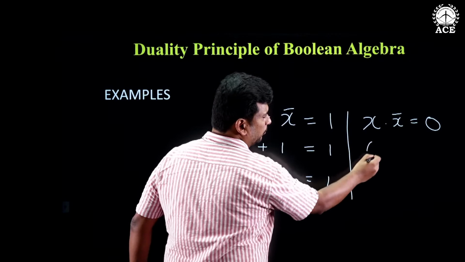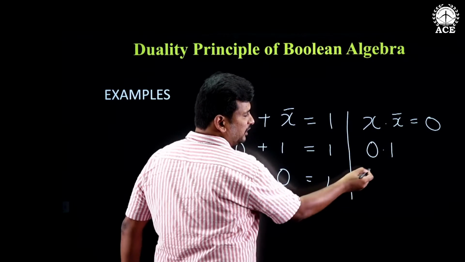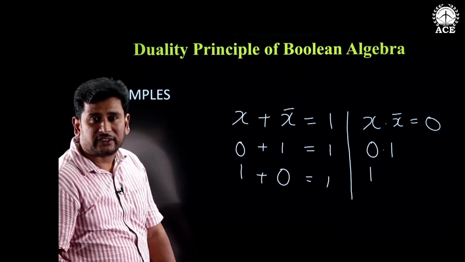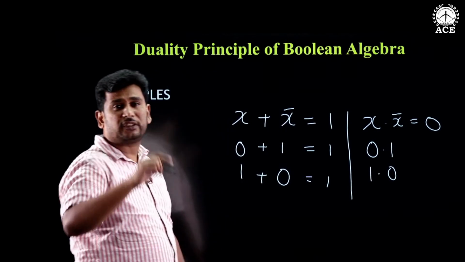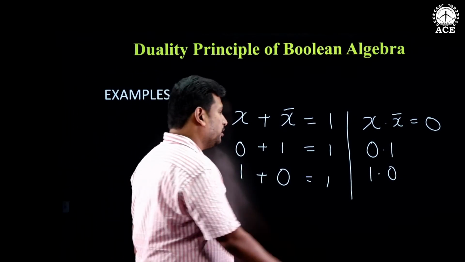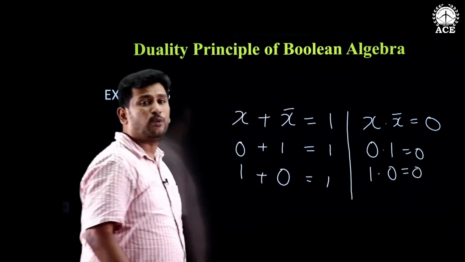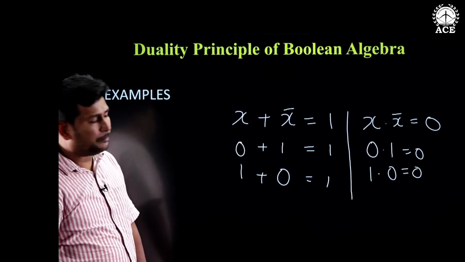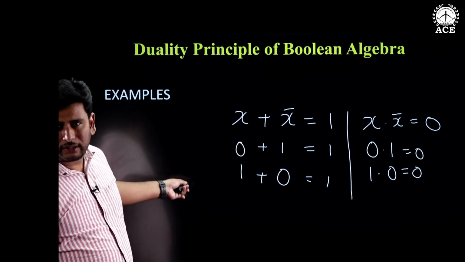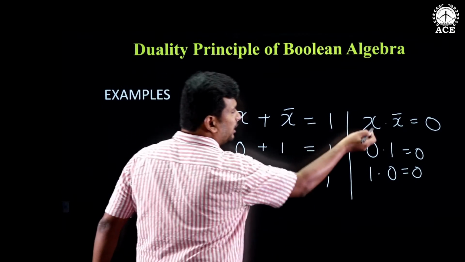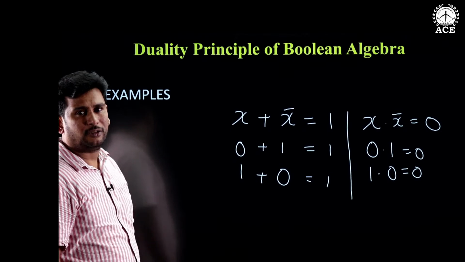If X equal to 0, X complement is 1. If X equal to 1, X complement is 0. In either case, if at least one input is low for the AND gate, the output is 0. So duality of a function is obtained by interchanging OR with AND, and at the same time identity element 1 will be interchanged with 0 and 0 with 1.